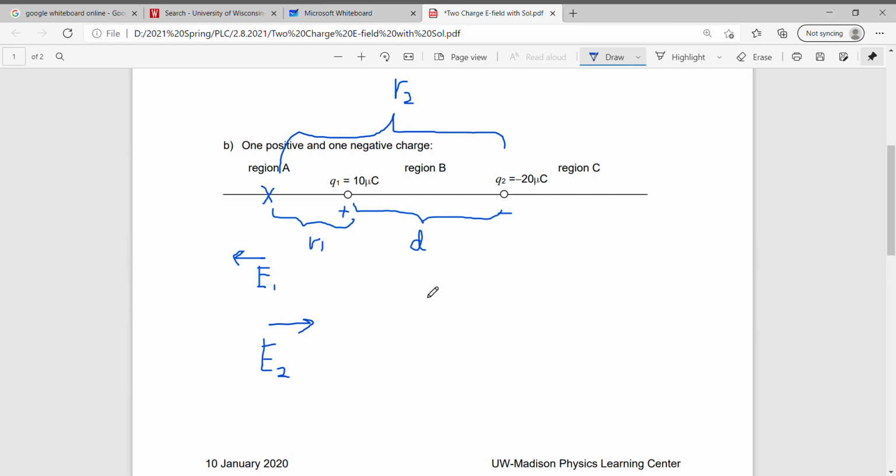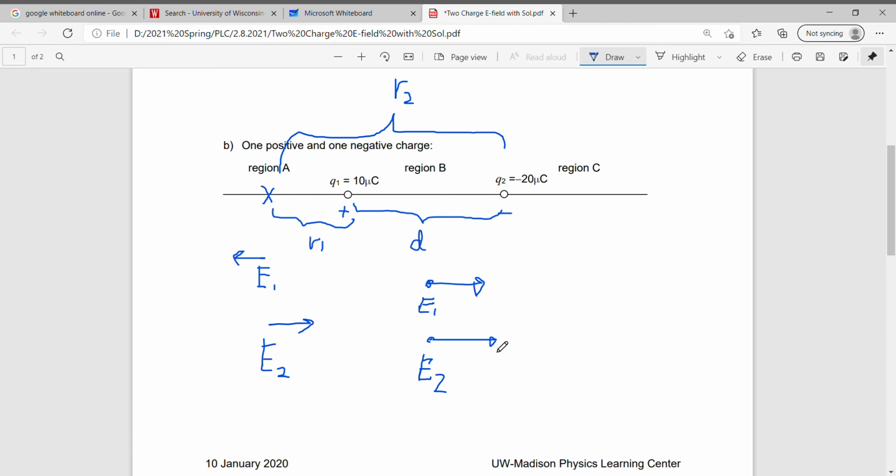Then in the middle part, because the positive charge is on the left, E1 is pointing to the right, and E2, although Q2 is on the right-hand side, is a negative charge, so E2 also points to the right.